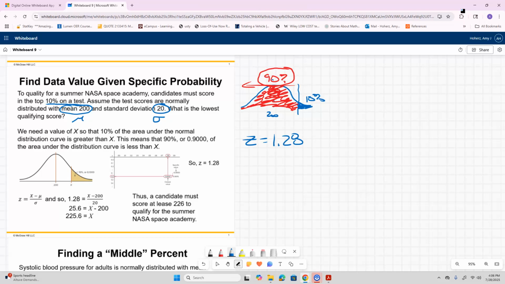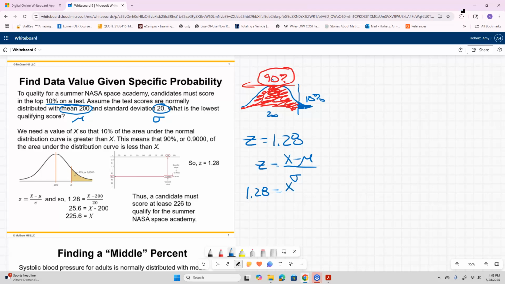So, hate to tell you, not to traumatize anybody, but we got to go back and do a little bit of algebra solving. Okay, we got to plug this into the formula and solve it. So our formula, remember, is z equals x minus mu over sigma. Well, we know z is 1.28. We have the answer already.